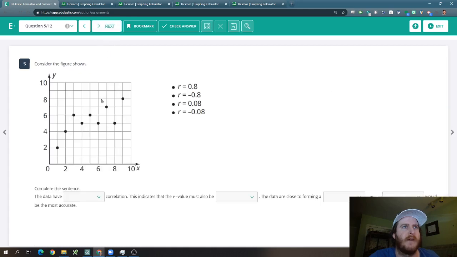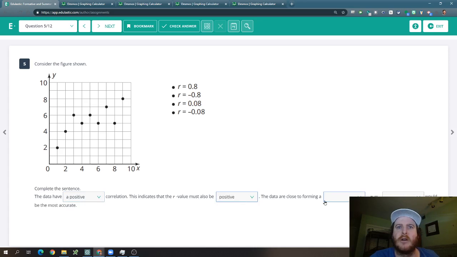All right, question 5. We have this graph here, and we have some possible R values. So if we look at this data, it's going up. We could kind of draw a best fit line going up, so that's a positive correlation. This indicates that the R value must also be positive.